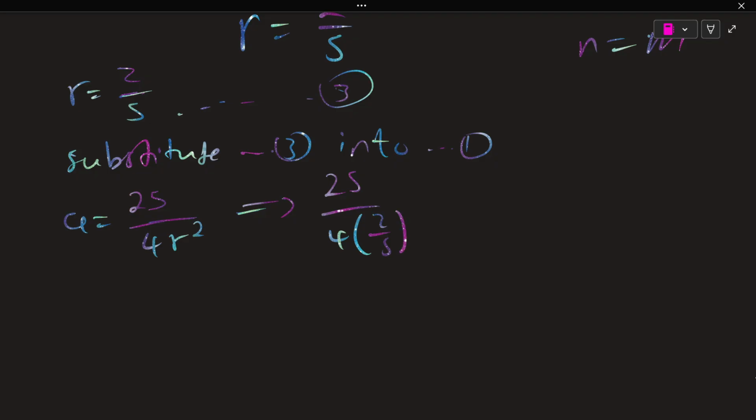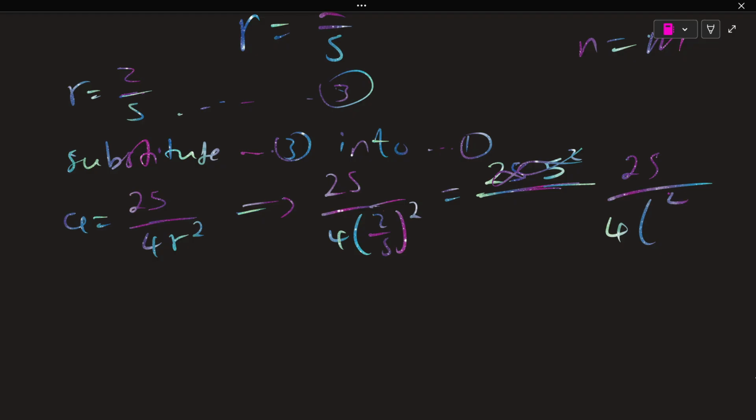Now this implies that a equals 25 over 4 into 2 over 5 squared.